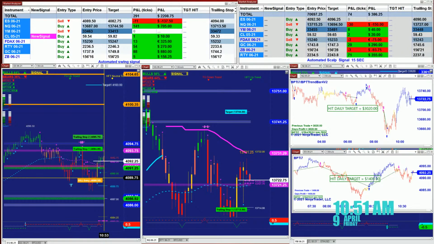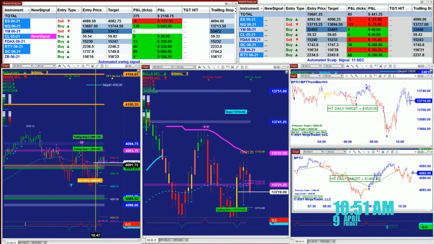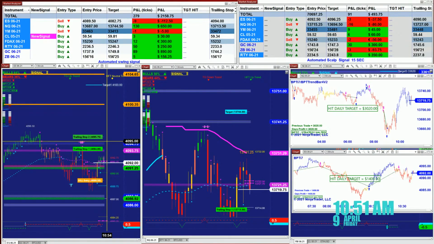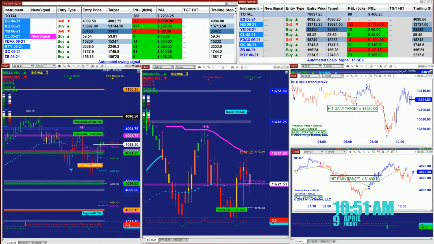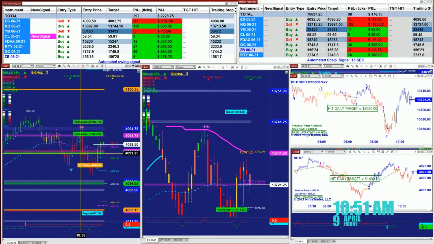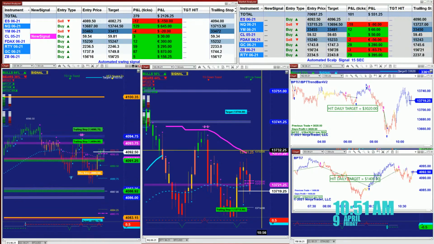Anything below that is garbage, it's noise, and it's not tradable. So the only clear direction for the ES is 40.95 long. Right now I will not get into those areas here. They are very high risk areas.